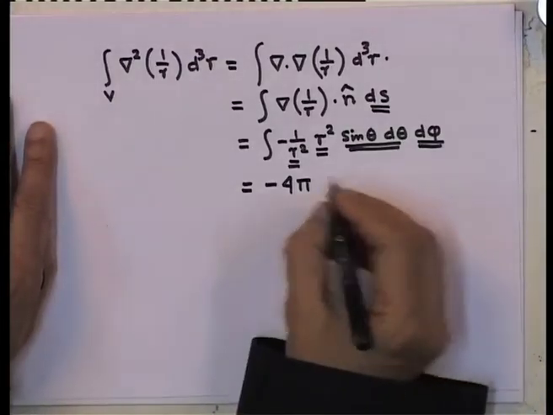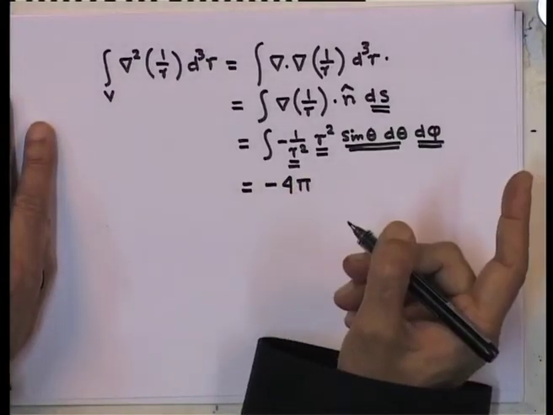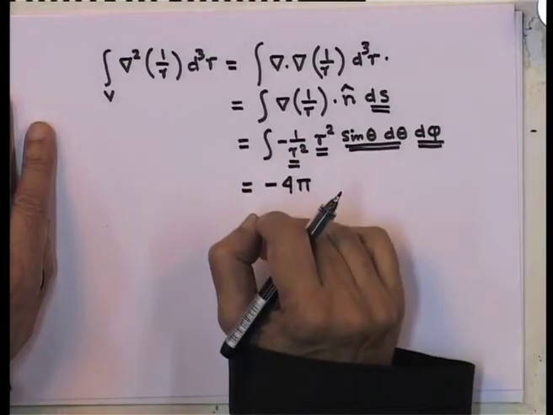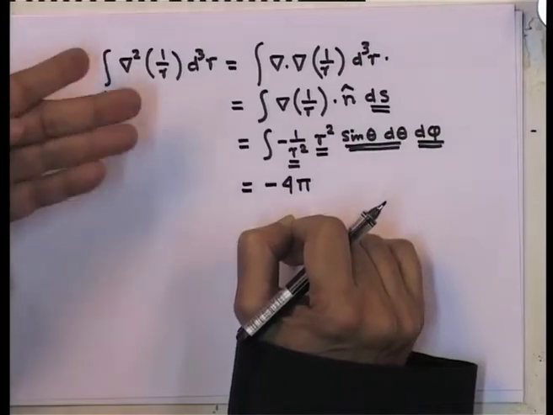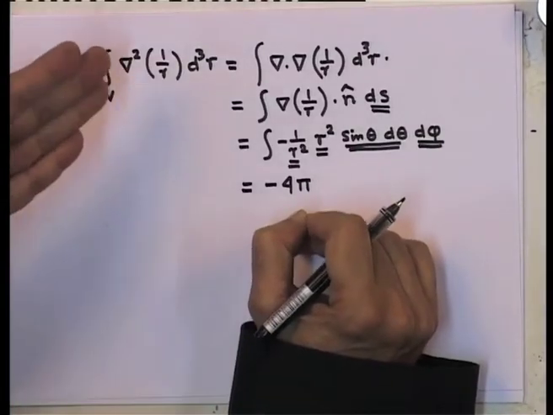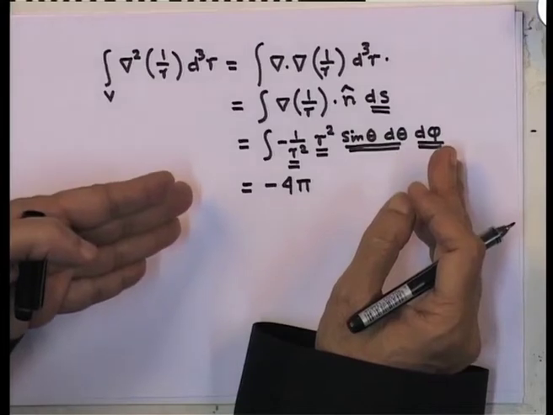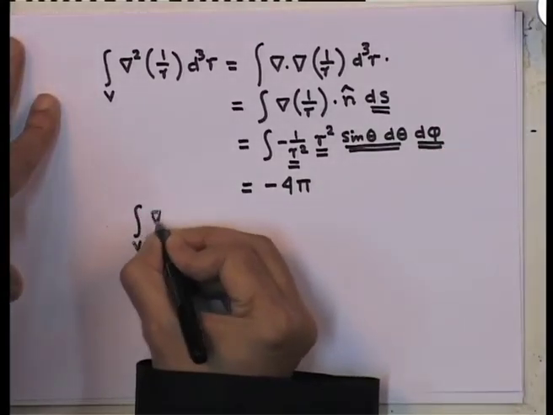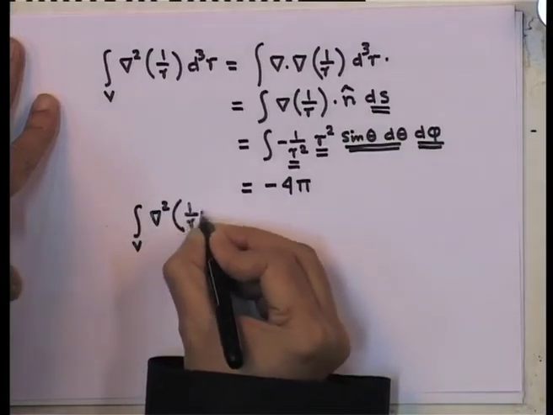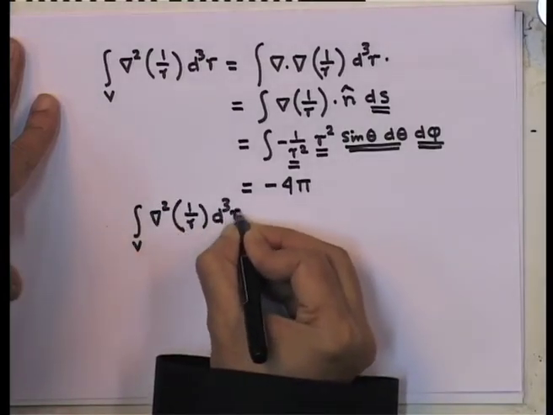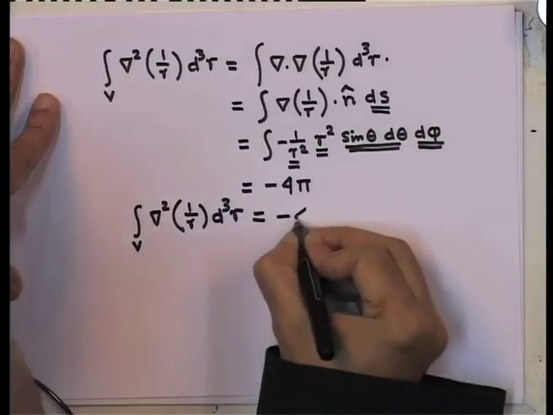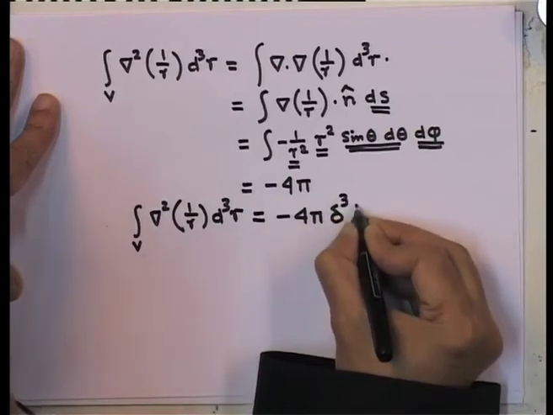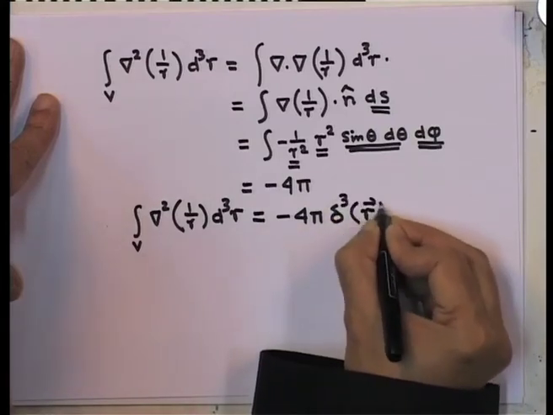Now, this is the definition of a delta function: for r not equal to 0 the function vanishes, but at r equal to 0 the integral does not vanish. So, what we have shown is that the integral of del square of 1 over r d cube r is equal to minus 4 pi delta function. Since it is a 3 dimensional delta function, I occasionally write delta cube of r.